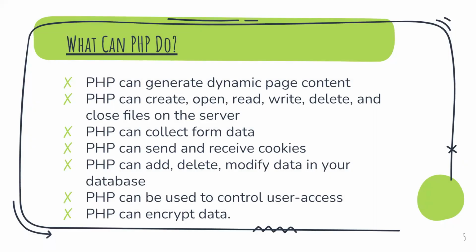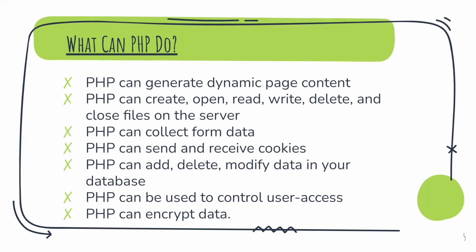So what can PHP do? If we wish to generate some dynamic content, we can use PHP, and not just dynamic content. We can access files. We can perform operations like creating the files, opening them, reading them, writing them, modifying it, and appending extra information to it.